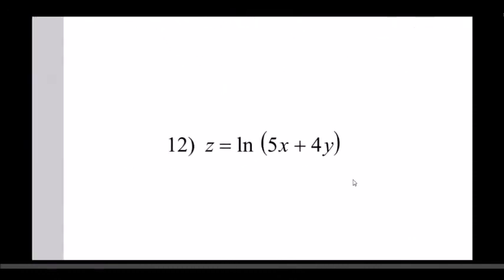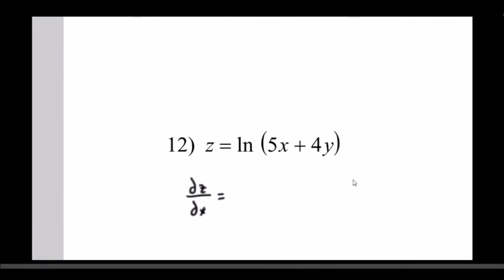Number 12, z equals, it's the same as f of x comma y. It means the same thing, but it does have a different notation. The partial derivative of z, it's a funky looking d, and with respect to x is going to look like that. So partial derivative of z with respect to x.